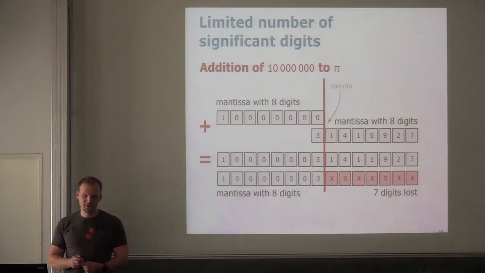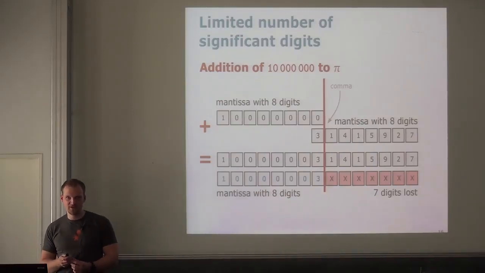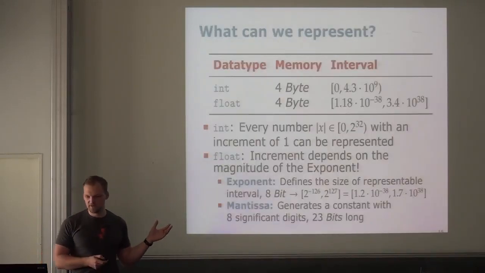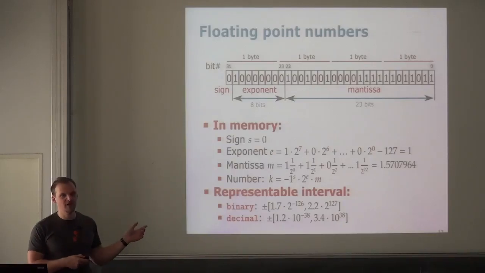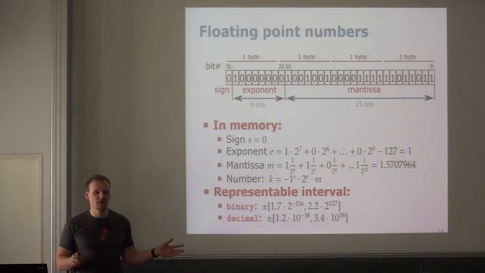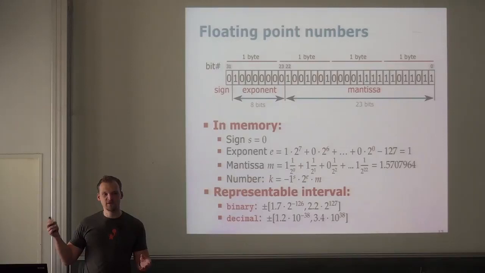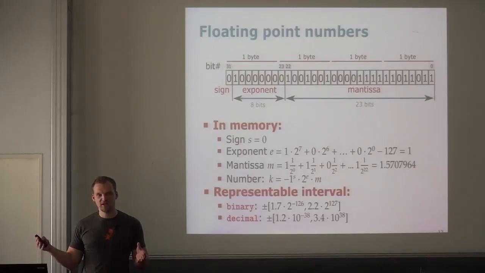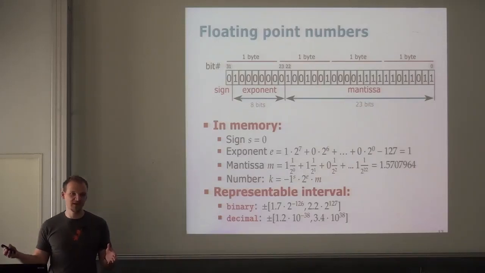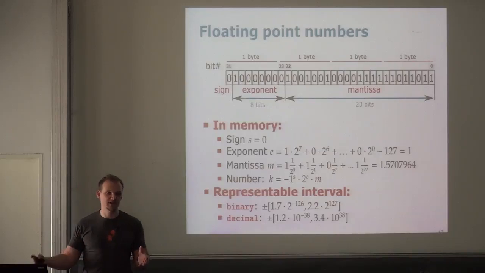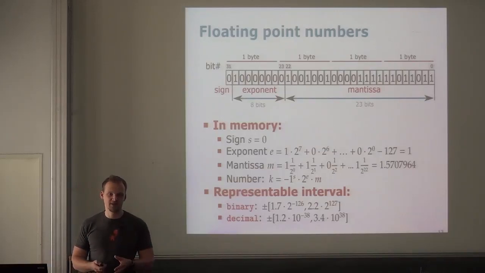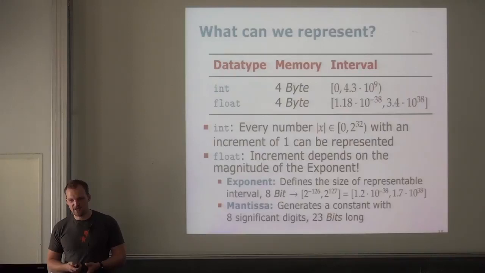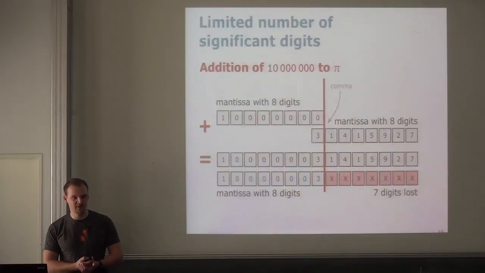But what you can do is plug that into this formula over here. If it works out, you can do it, but you will probably lose a lot of precision because you only have 8 digits, right? So everything after 8 digits will be cut off. If these 8 digits happen to be after the comma, you're lucky. If they're not after the comma, you're going to lose real numbers somehow, right? So I think you can represent it, but I don't think it's really useful.